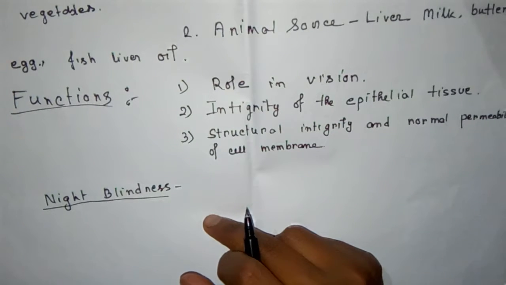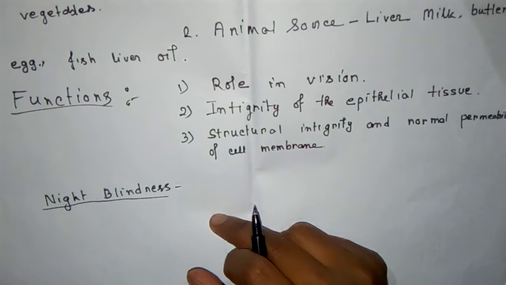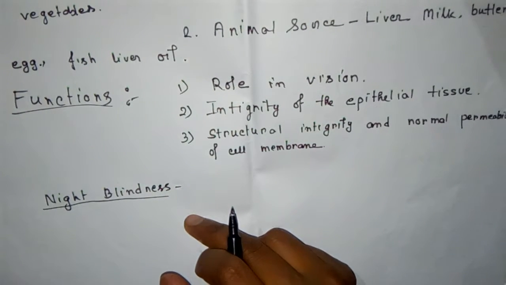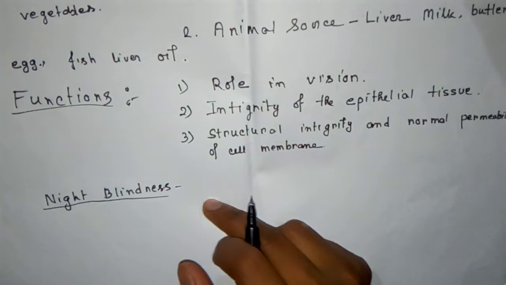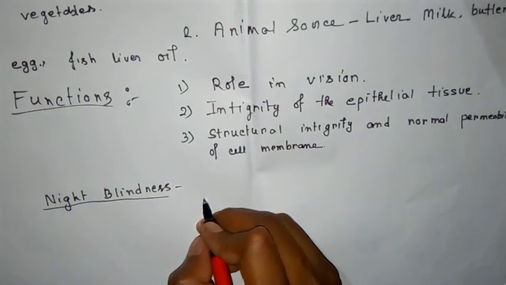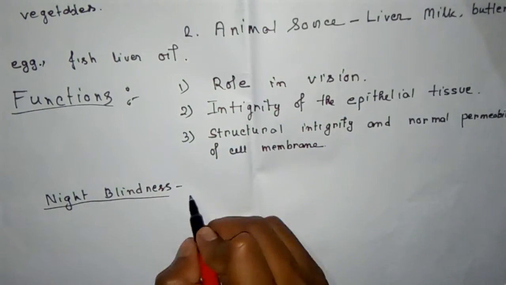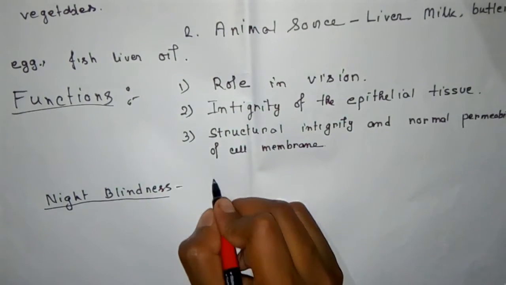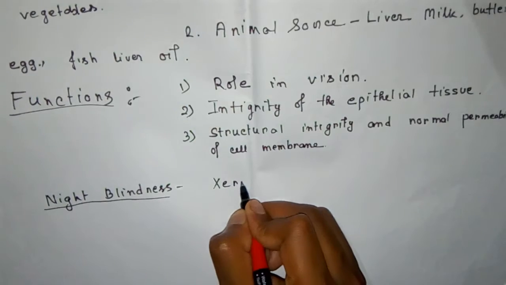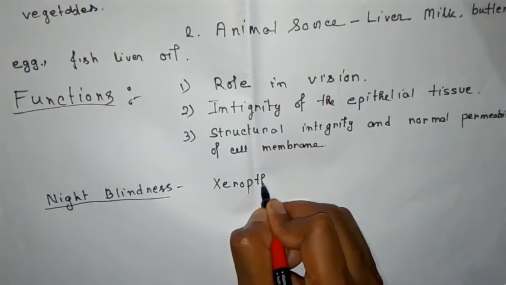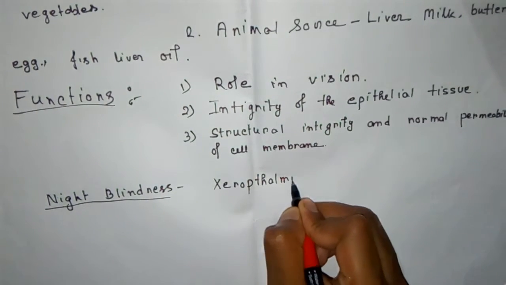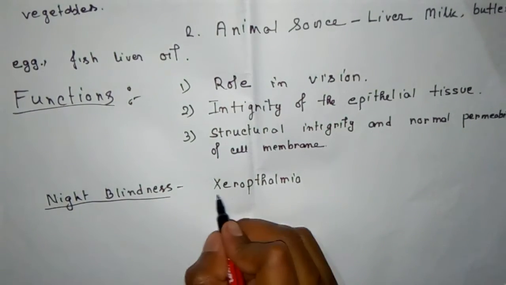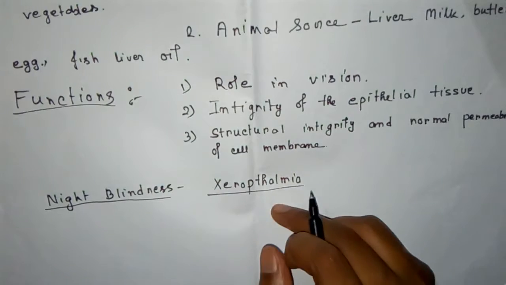Number two is xerophthalmia. In xerophthalmia, the conjunctiva of the eye becomes dry, thick, and wrinkled.